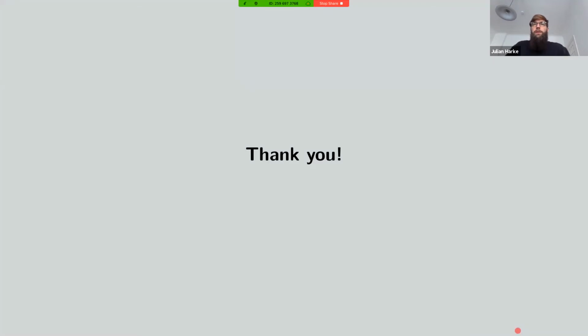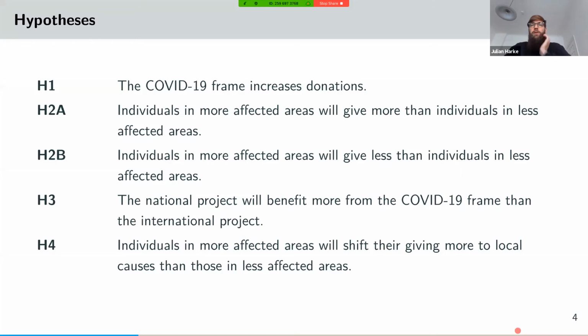For our first hypothesis, the main question was actually the COVID-19 frame. Later it was just revealed to them. But for the first hypothesis, it was important that they are not thinking, hey, I can donate to a local thing, as that would distort the results for the first hypothesis.